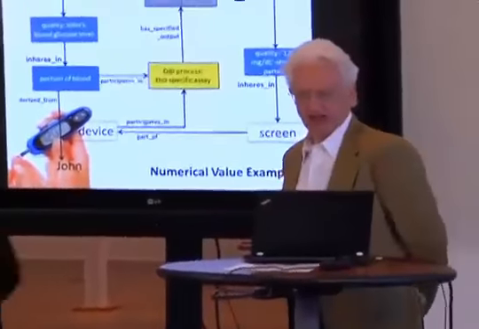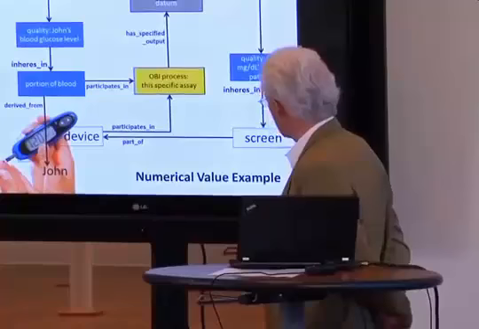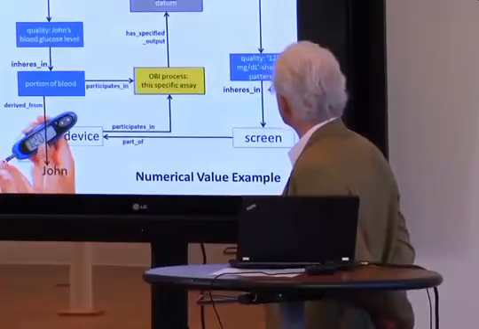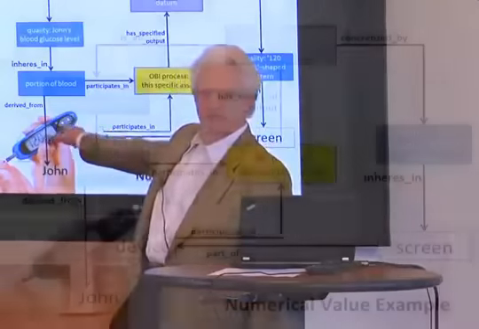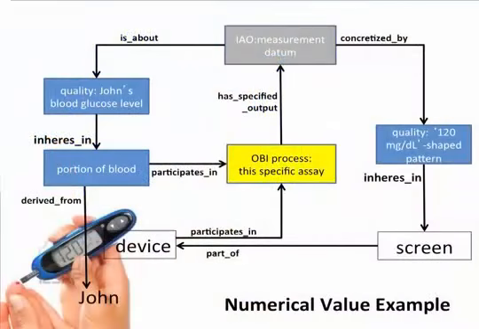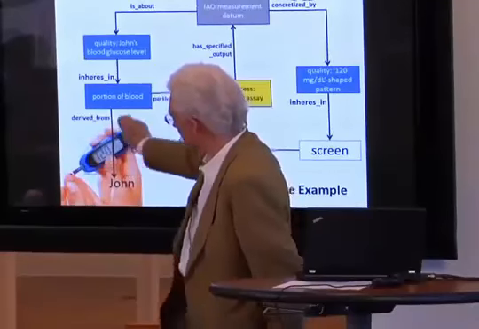So we have here an example of what is involved in a simple measurement of blood glucose. So there is a device, which is a blood glucose measuring device. There is a portion of blood which is derived from the blood inside John. So here this machine here creates a sample.